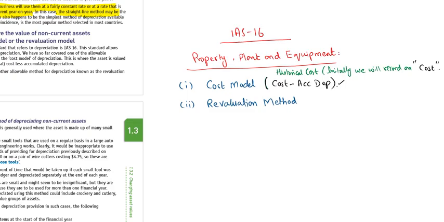And the second method is the revaluation method. The revaluation method says maybe the amount for which you purchased the asset is not going down; maybe the market value of that asset will increase in the later or upcoming years, so your asset needs to be revalued.